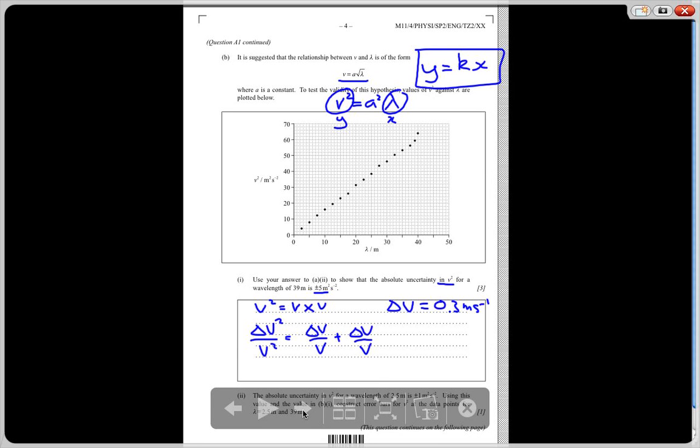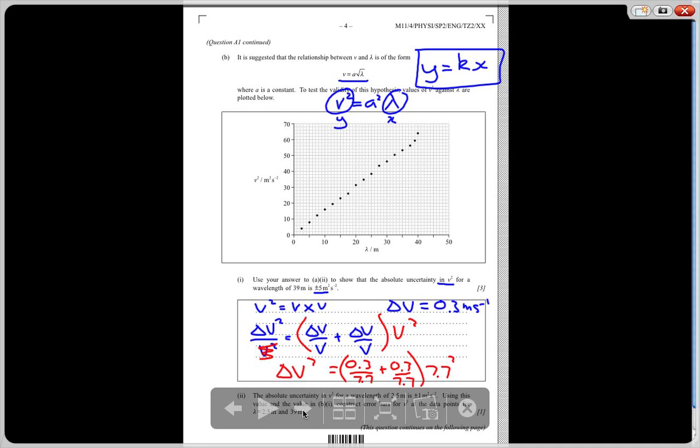We could then multiply the whole thing through by v squared, and we would get delta v squared. The error in v squared is 0.3 over 7.7 plus 0.3 over 7.7, times 7.7 squared.